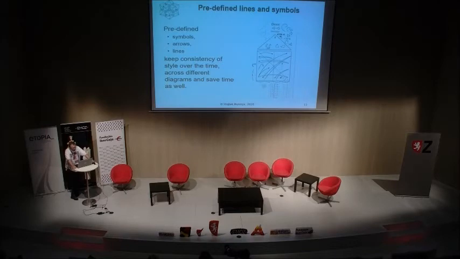It helps me to keep consistency of style over time and across different diagrams and saves time as well. So instead of drawing from scratch, I pick from my toolbox and copy it to the diagram area.